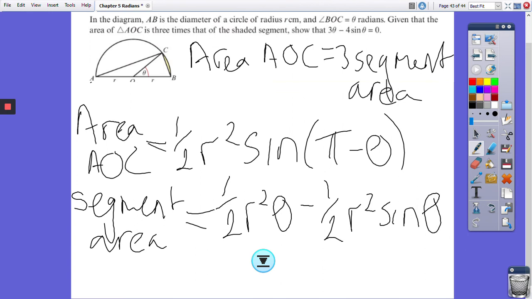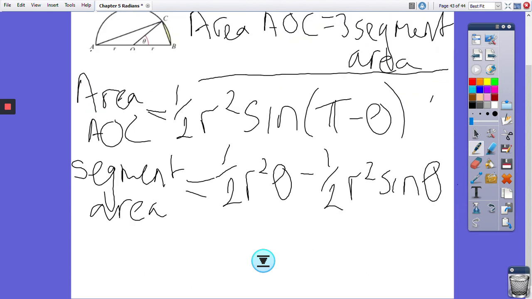Okay, now we are going to use our equation here at the top and put in this and this into it and get one huge, great big expression.